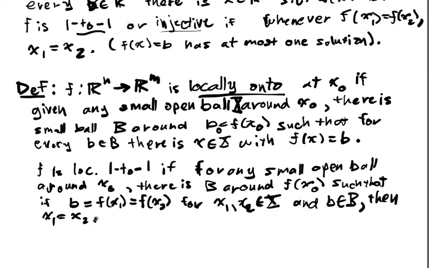So locally, I'm only going to send one x to one point somewhere, and that's local injectivity.